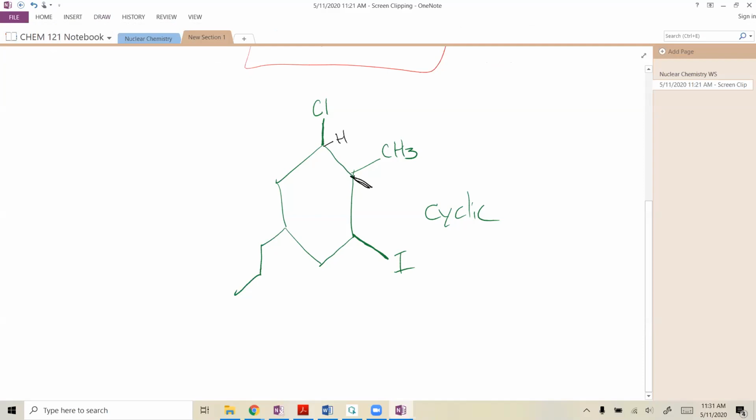How many should I attach to this carbon down here? Carbon number 2. One. And so we can go in and basically start adding them in until each carbon is connected to 4 things.